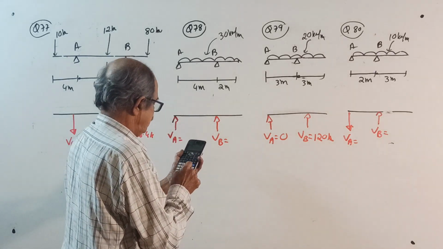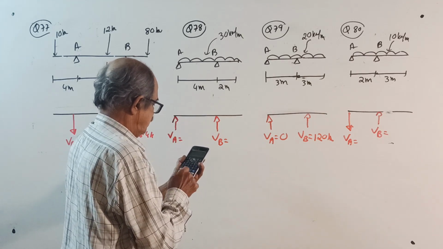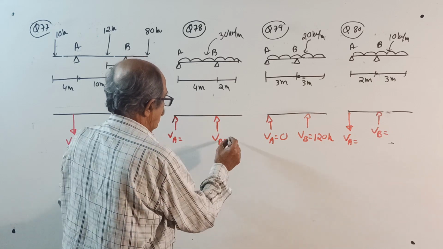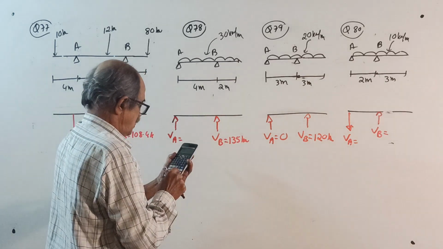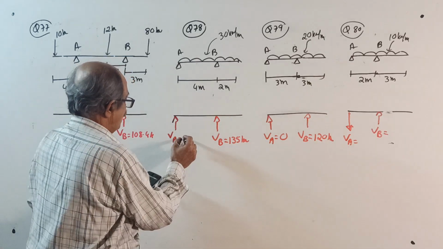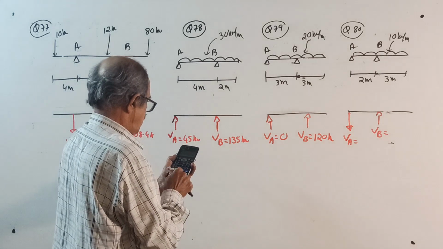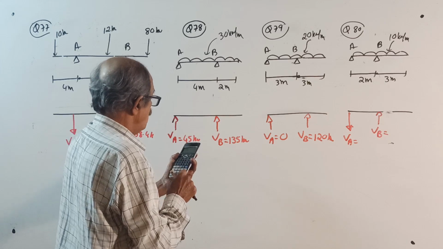30 into 6 into 3 divided by 4. 30 into 6 divided by 4. 135 kilonewton. 45 kilonewton. Check the answer. Oh, correct.